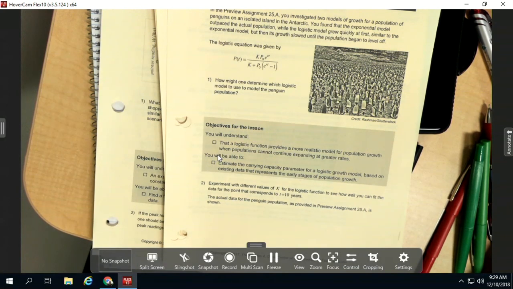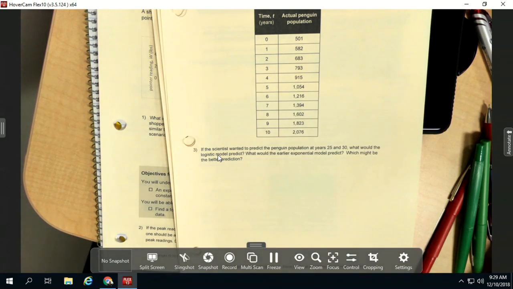Now, that being said, here's how Desmos figured that one out. If you would have done it in Desmos, it plugged into that formula this is the T, and this is the penguin population a whole bunch of times. And then it just backtracked by calculating backwards to figure out a value of K that worked for every single one of them, and a value of R that worked for each one of them.